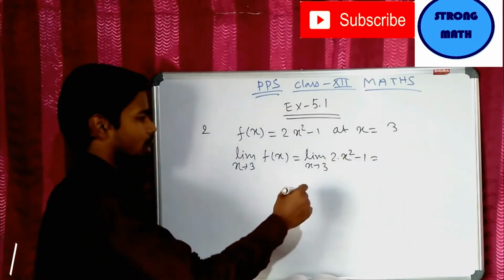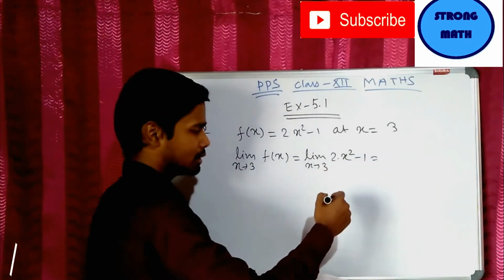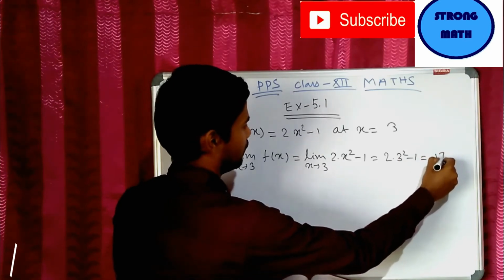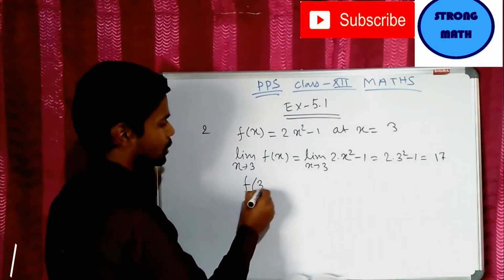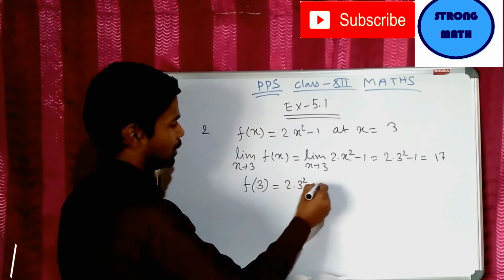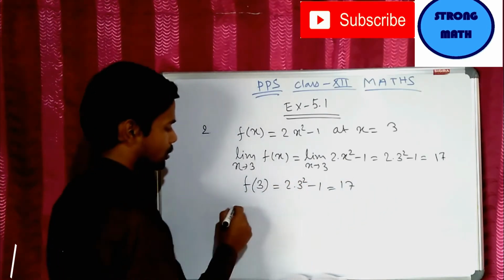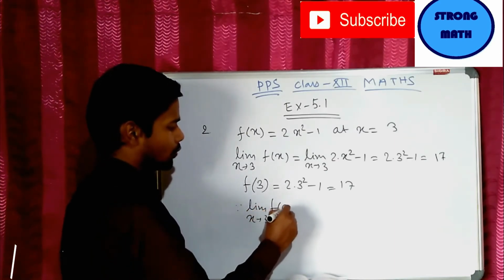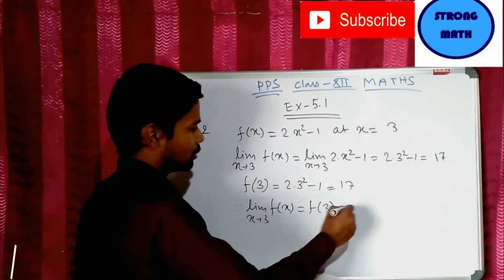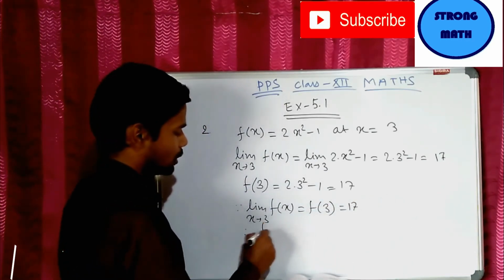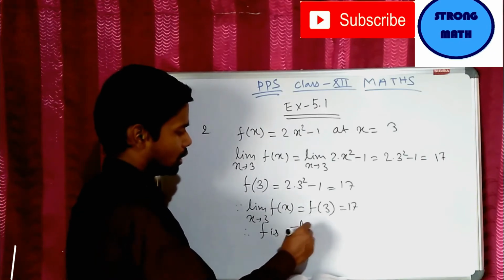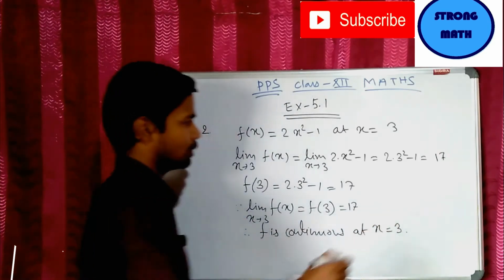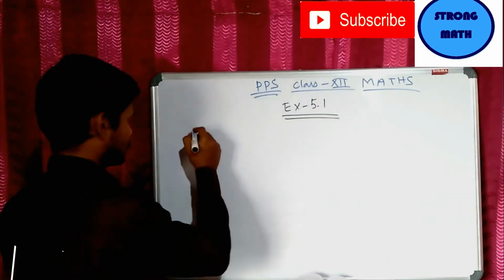We can put x equals 3 here as the limit exists. So 2 into 3 square minus 1, this is 17. F of 3 equals 2 into 3 square minus 1, this is also 17. Since limit x tends to 3 f of x equals f of 3 equals 17, therefore f is continuous at the given point x equals 3. Very simple problem.